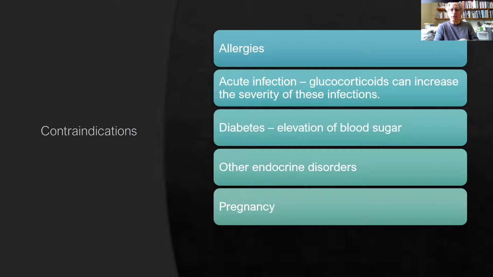When used during acute infection, glucocorticoids can increase the severity of these infections, so they must be used with caution. In diabetics, glucocorticoids elevate blood sugar and should be used with great caution, if at all. Other endocrine disorders necessitate the non-use of glucocorticoids, and they're also contraindicated during pregnancy.